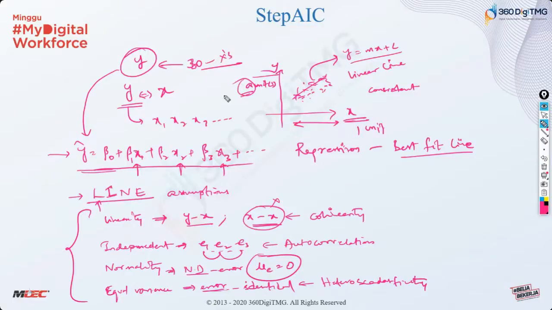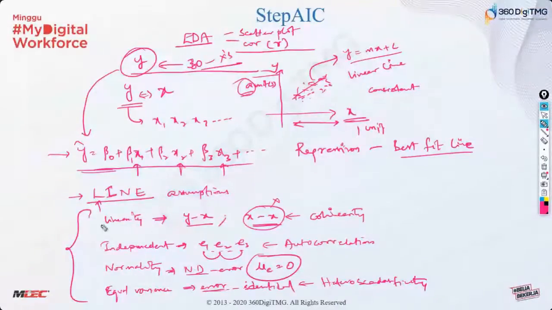And before we proceed, of course, we do EDA. And as part of that EDA, we use scatter diagram. We come up with scatter plot. Then we come up with correlation values to identify which variables are better.